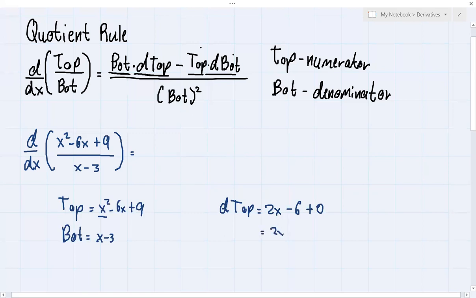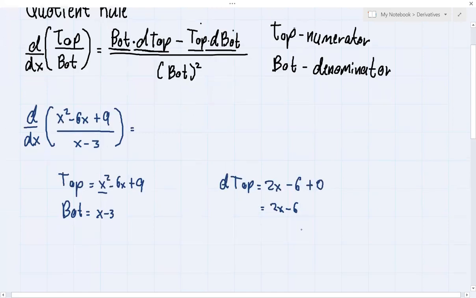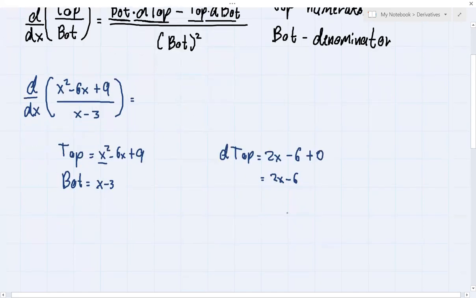Hence, the top is 2x minus 6. Okay? Or, pwede pa tong i-simplify. Si 2x at saka si negative 6, both of them are divisible by 2. At yan yung greatest common factor nilang dalawa, si 2. So we can factor out 2 in this expression. So we will have 2 times quantity x minus 3.